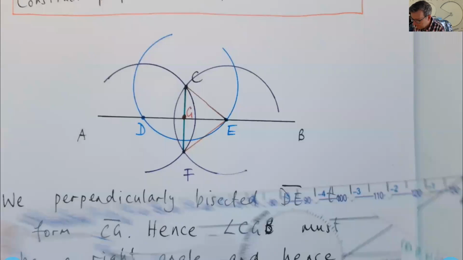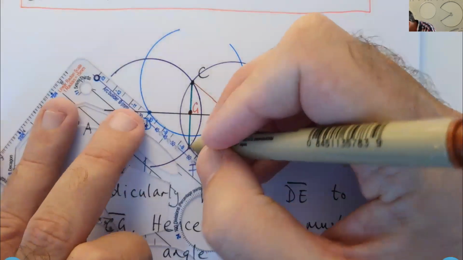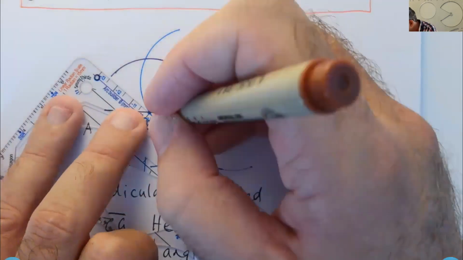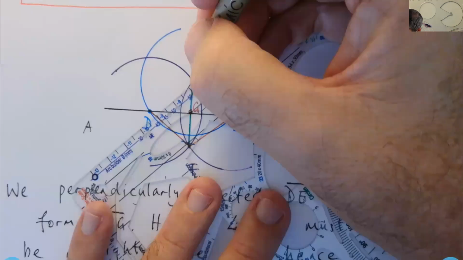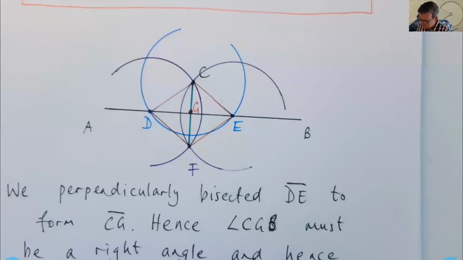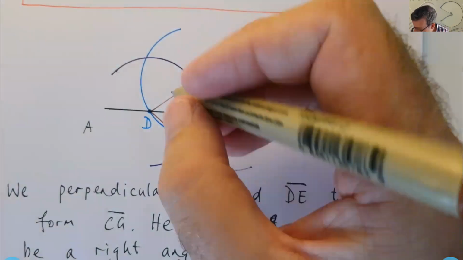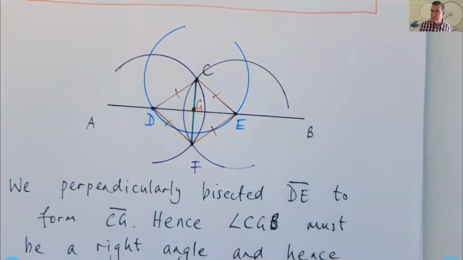That's a radius. That's a radius. And that's a radius, okay? And so these lengths are all equal.